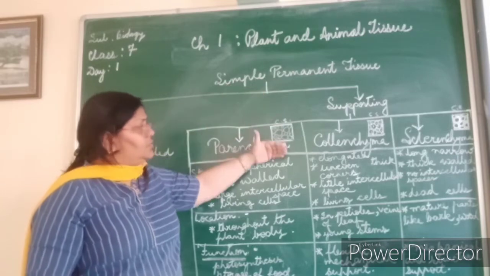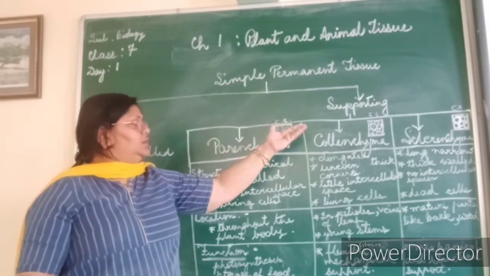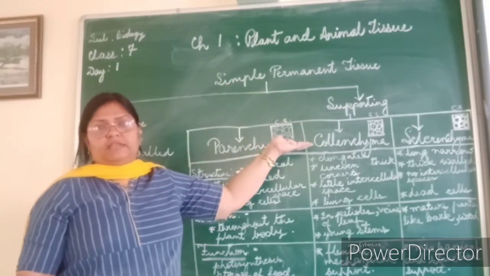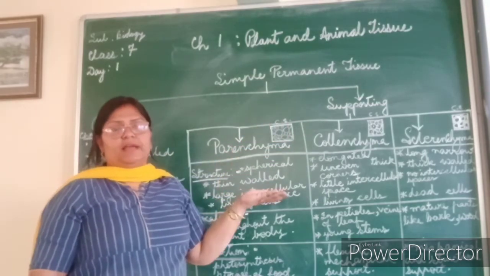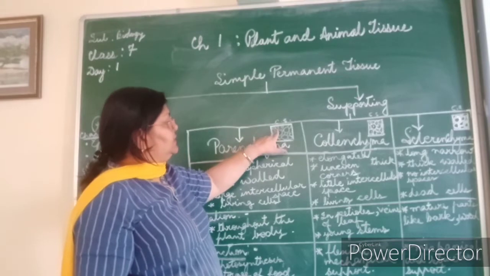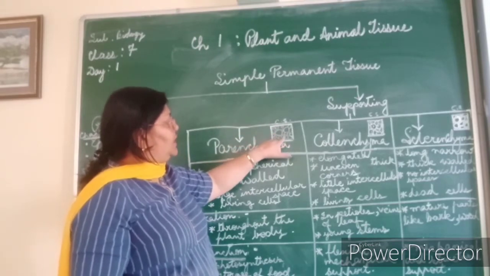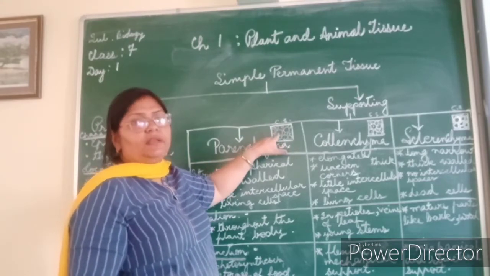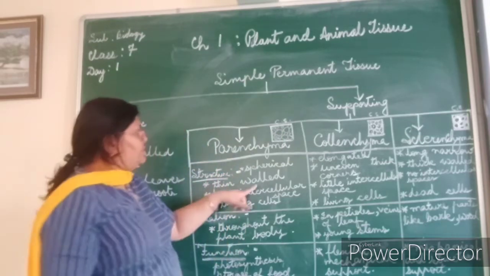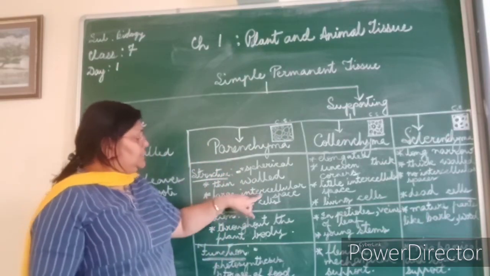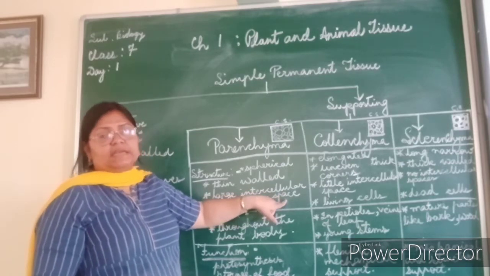I've drawn a cross section of the cells, that's why I've written CS. It is a cross sectional diagram. Here you can see that the cells I have drawn are more or less spherical and the outline is a thin outline. So thin walled, large intercellular space.